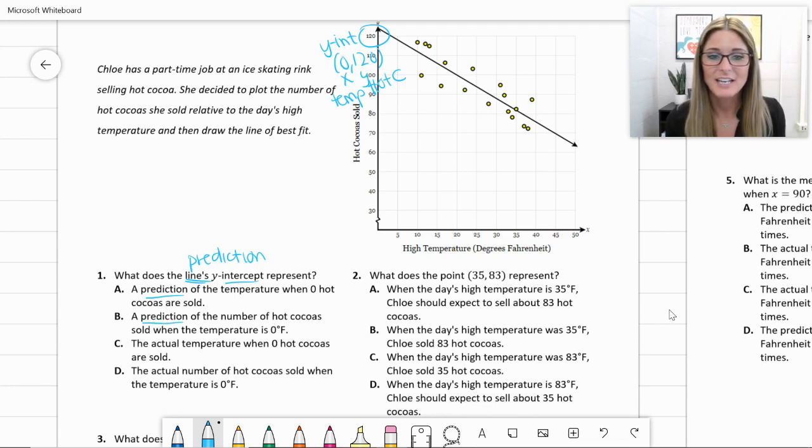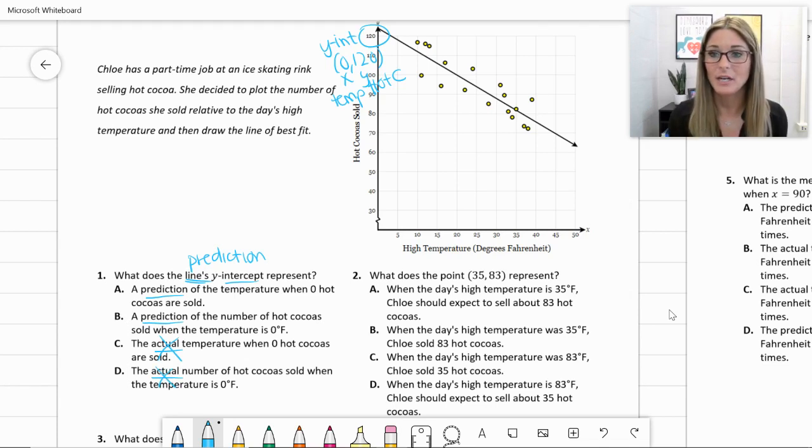B, the prediction of the number of hot cocoas sold when the temperature is 0 degrees Fahrenheit. That's a possible answer. Let's keep checking. C, the actual temperature when 0 hot cocoas are sold, and D, the actual number of hot cocoas sold when the temperature is 0. Not actual.